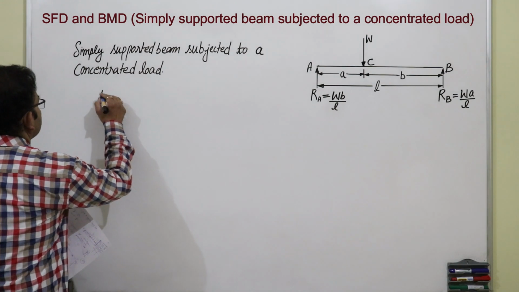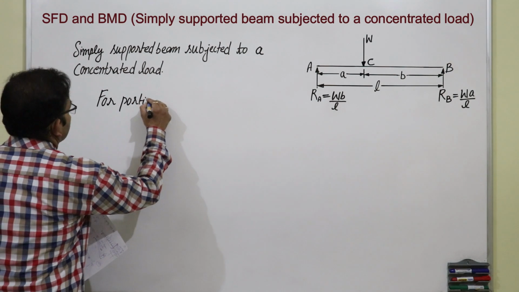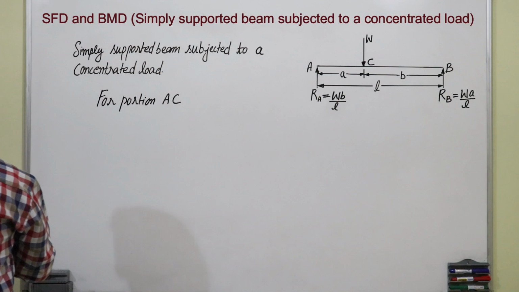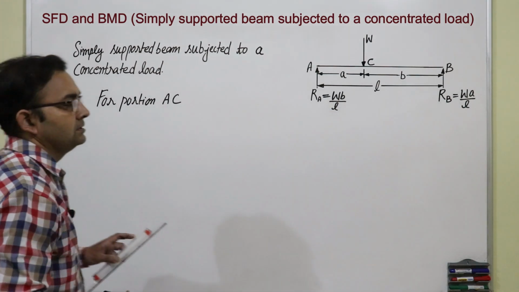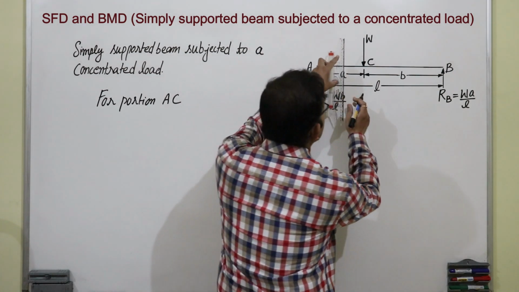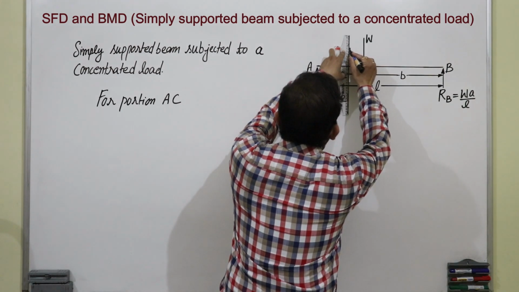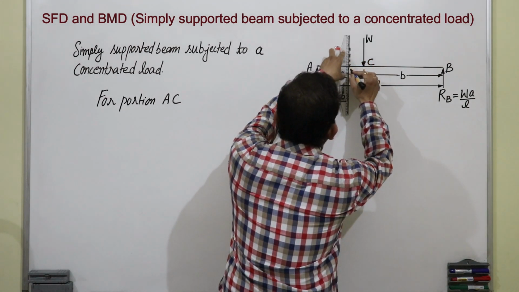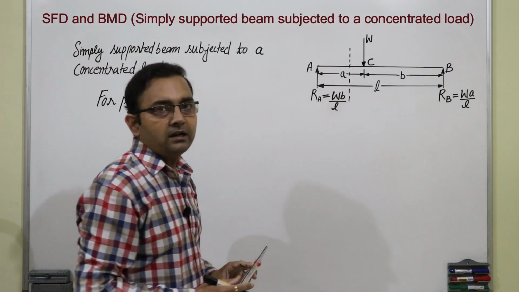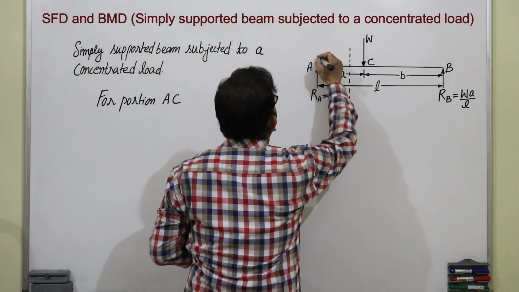For portion AC, consider a section between A and C. We are considering this is a section, and the distance of this section from point A is x.